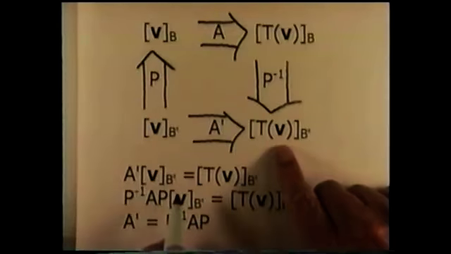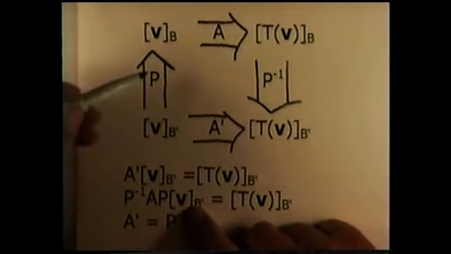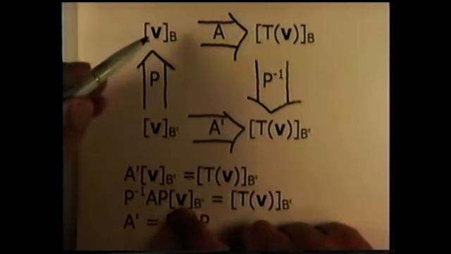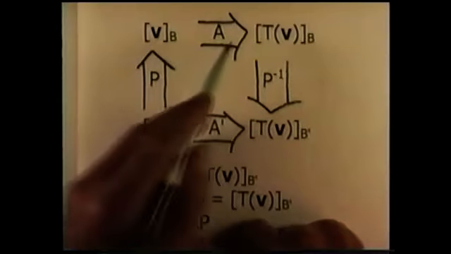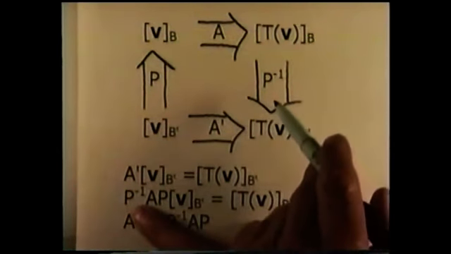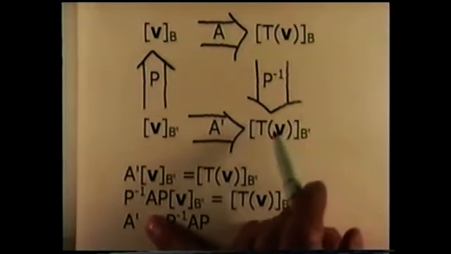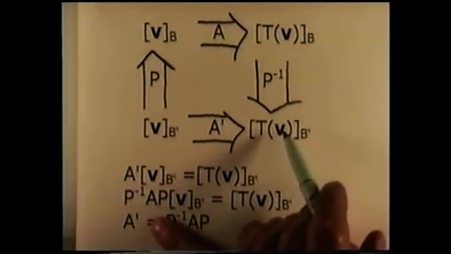Now we can also start with V with respect to B prime, and we can multiply it by P, and that gets us up to here. We can multiply by A to get to here. We can multiply by P inverse to get down to this position. So we can go around to get to the same place.